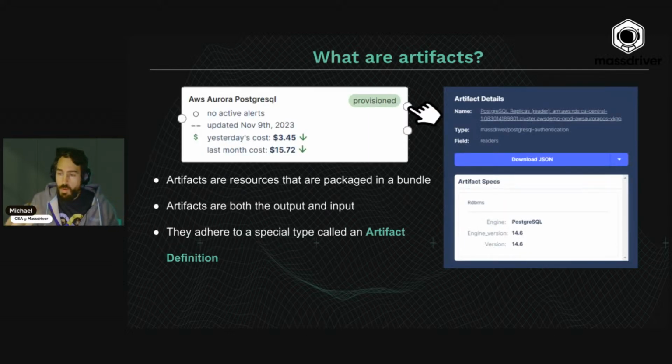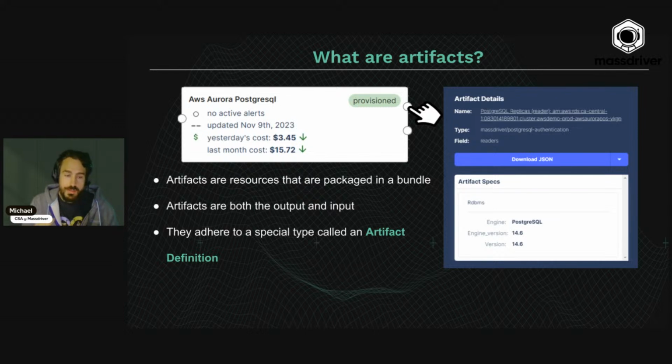So what are artifacts? Before we jump into the API endpoints, I think it's important to understand what an artifact in Massdriver actually is so that we can understand how we can use them to our advantage. In short, an artifact is a resource that is created by a deployment, much like a subnet is a resource within your Postgres bundle.